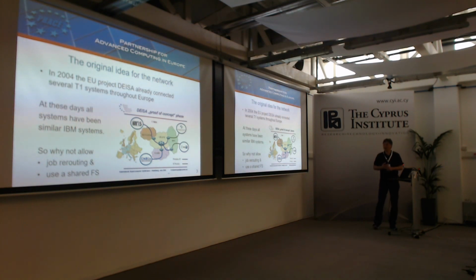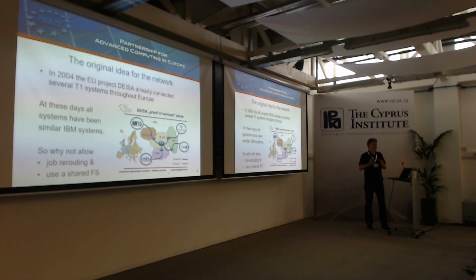And in those days, all the systems were similar IBM systems. So the idea was, why not connect them by a high-speed network? That if one of the systems is really highly used, and there are a lot of additional jobs, why not send it to another supercomputer system and compute it there? The problem here is, of course, that the data isn't at the other supercomputer system.